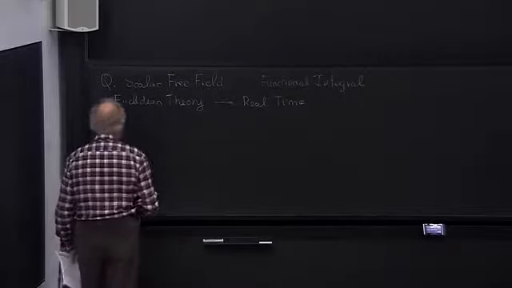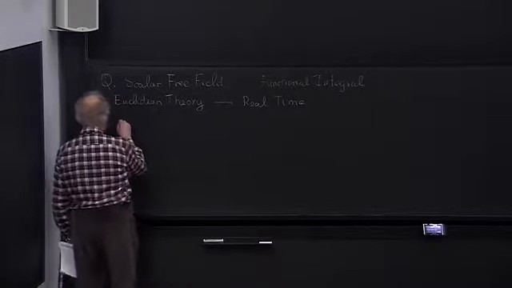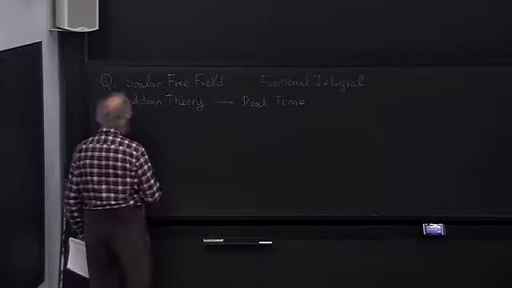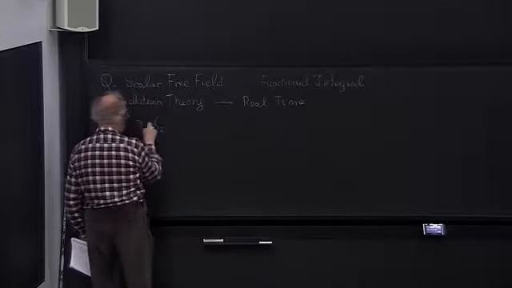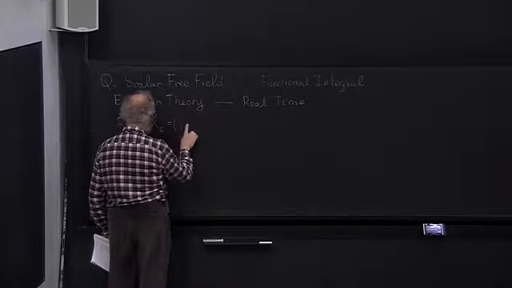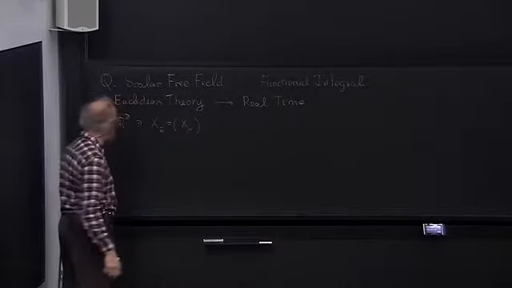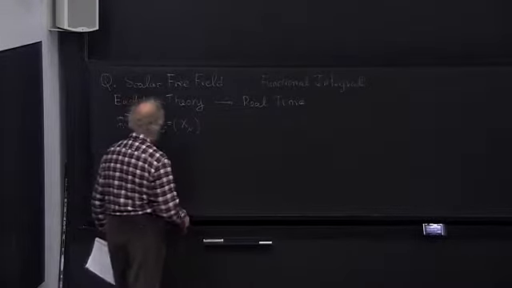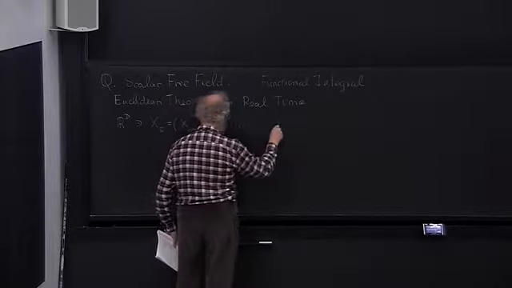So, in the Euclidean theory, my Euclidean space-time is just the plane, and therefore Euclidean points are labeled by some x mu, mu equal 1 to d. We have the standard Euclidean signature, and a field is a function phi of x, which is real.